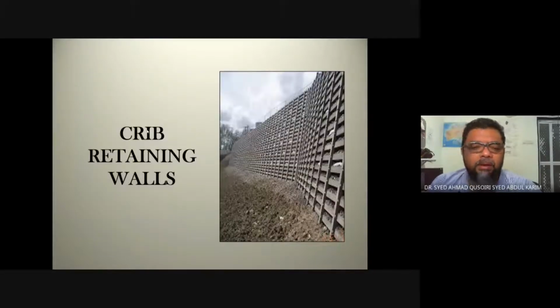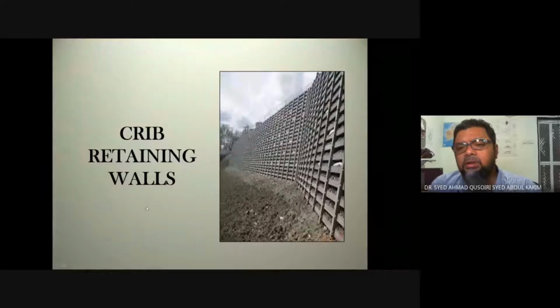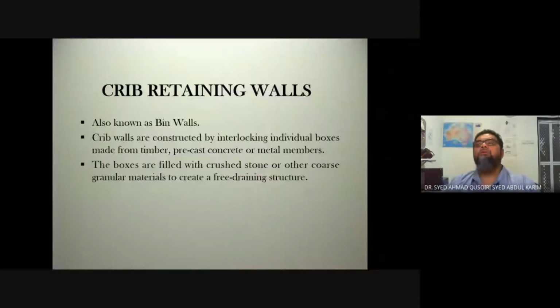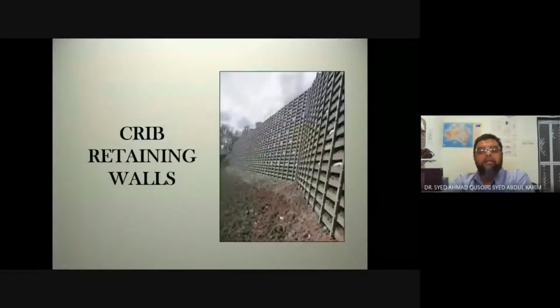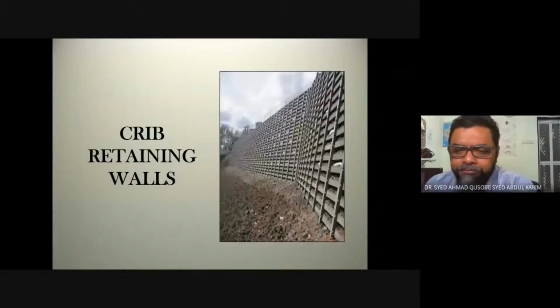This is an example of a crib retaining wall. So it uses these concrete cribs to create a grate. Okay, so it doesn't require weep holes, because you see there's a large opening between these concrete cribs.